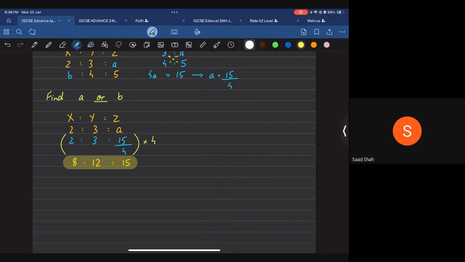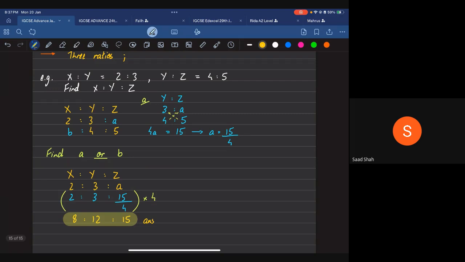Okay, so 8 ratio 12 ratio 15 is going to be your final answer of X, Y, and Z. Now, what if I did not do it like this? I did it with B. Now I'm going to do it with B, with X and Y, 2 ratio 3 ratio B ratio 4.